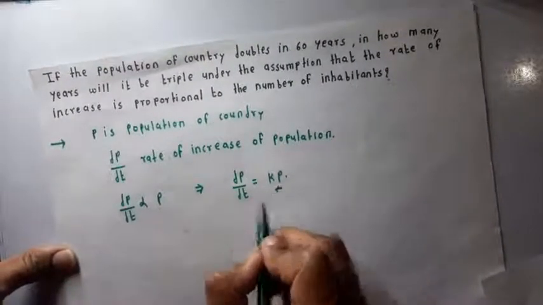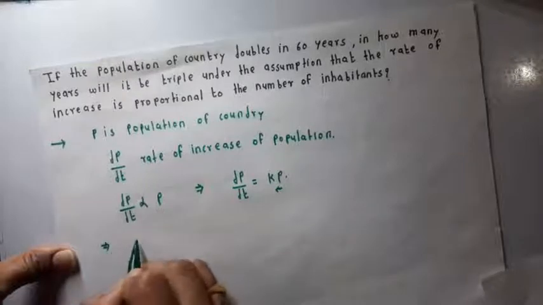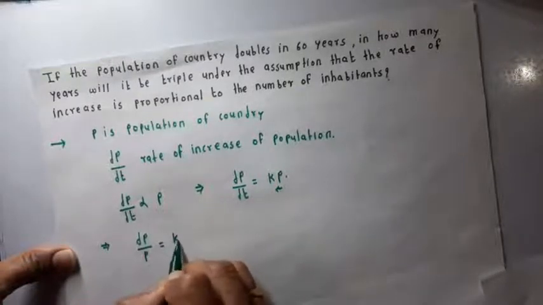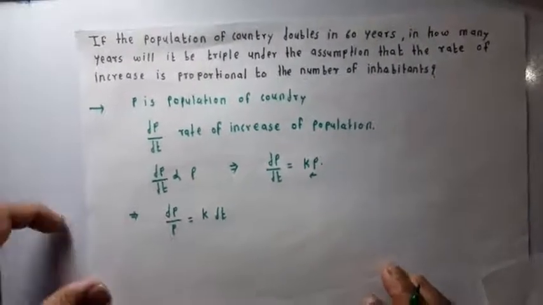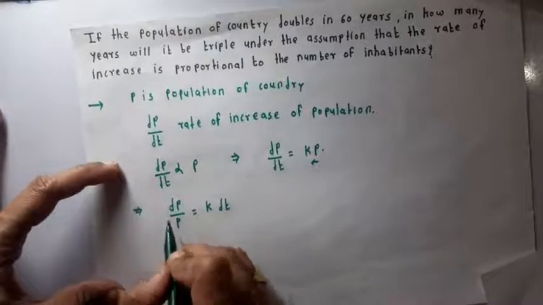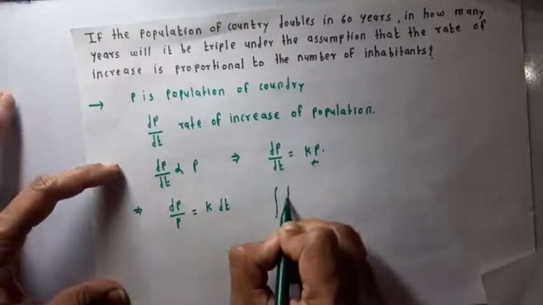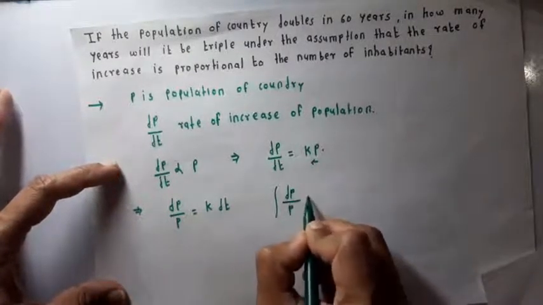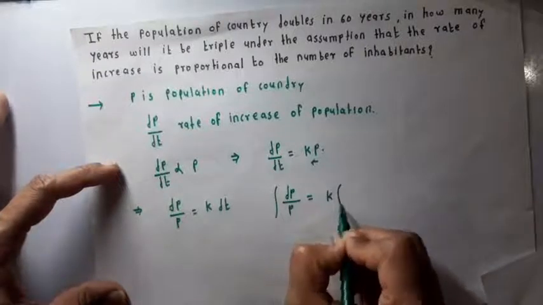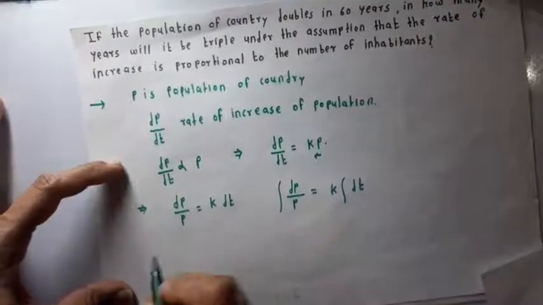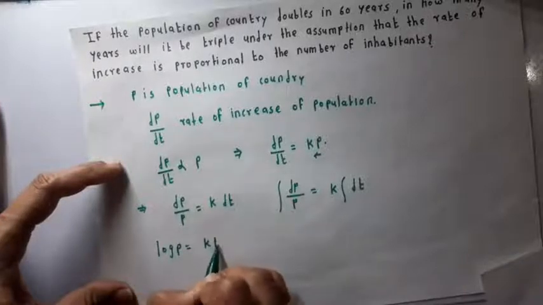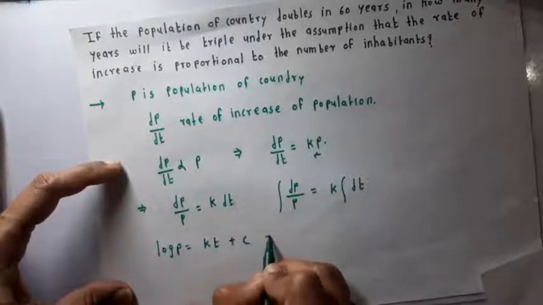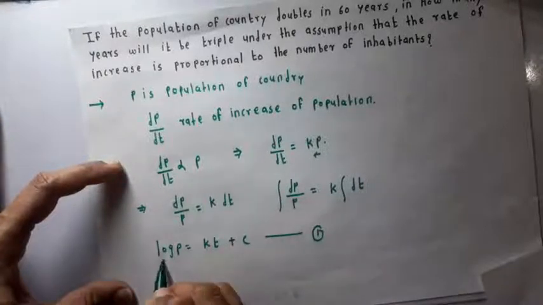Now shift the P to that side, we get dP upon P equals K dt. This is the variable separable form. Integrate it, we get the integration of dP upon P equals K with respect to t, and this is log of P equals Kt plus C, and this is a very basic important equation.